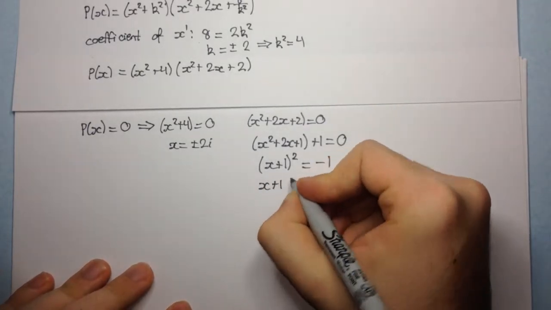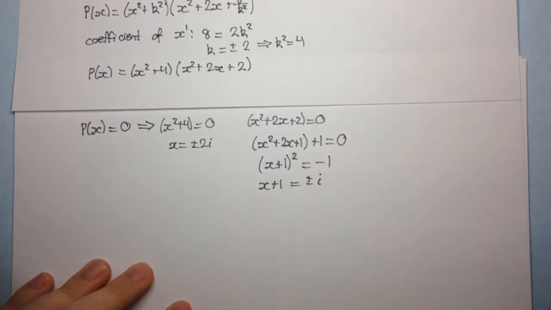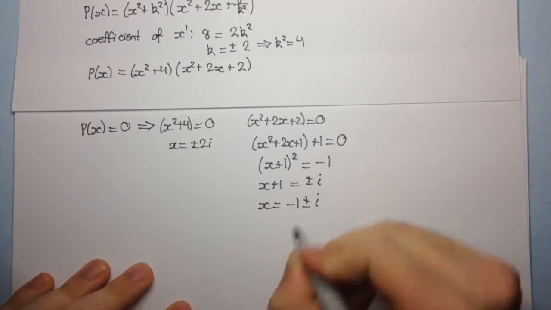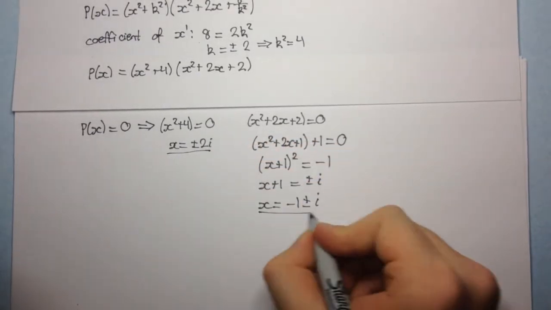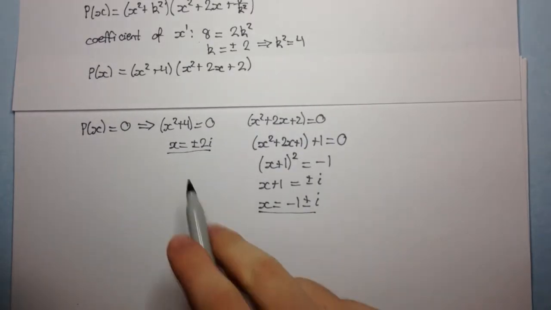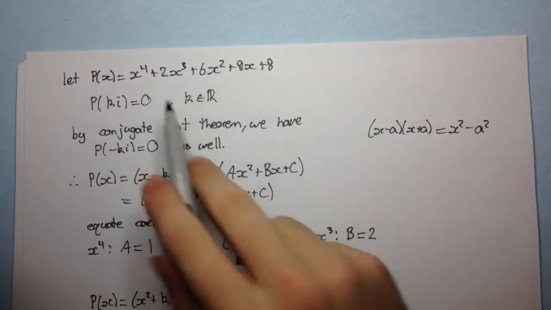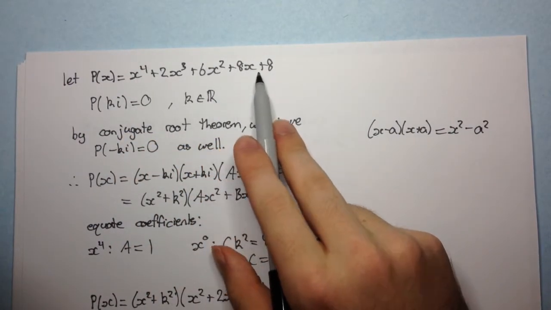So x plus 1 equals the square root of minus 1, which is plus or minus i. And so we have x equal to minus 1 plus or minus i. So these are our four solutions to the polynomial x to the power 4 plus 2x cubed plus 6x squared plus 8x plus 8 equal to 0.